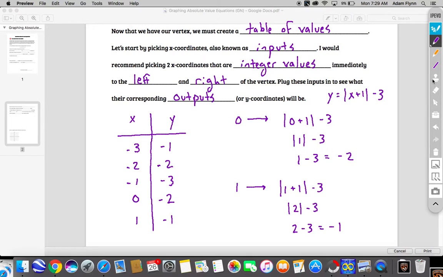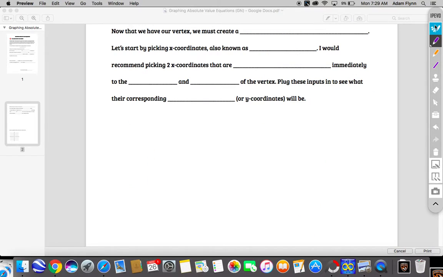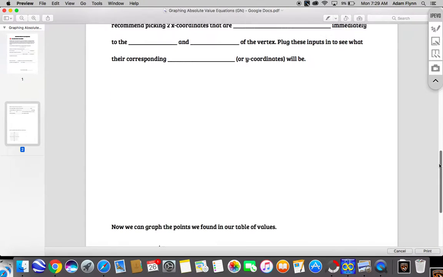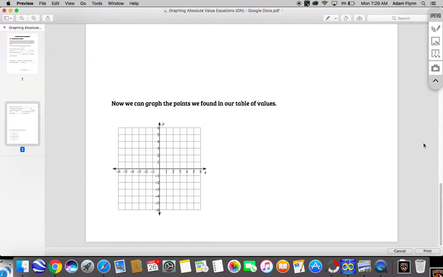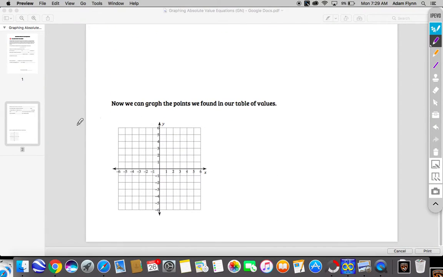So I'm going to scroll further down. So now we can just graph those points that we found. Okay? So for our chart, we had x, y.